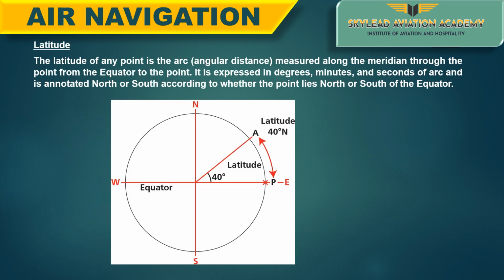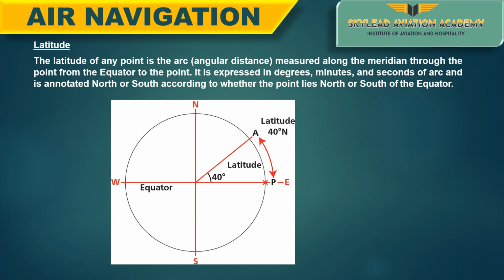Latitude: the latitude of any point is the arc measured along the meridian through the point from the equator to the point. It is expressed in degrees, minutes and seconds of arc and is annotated north or south according to whether the point lies north or south of the equator.